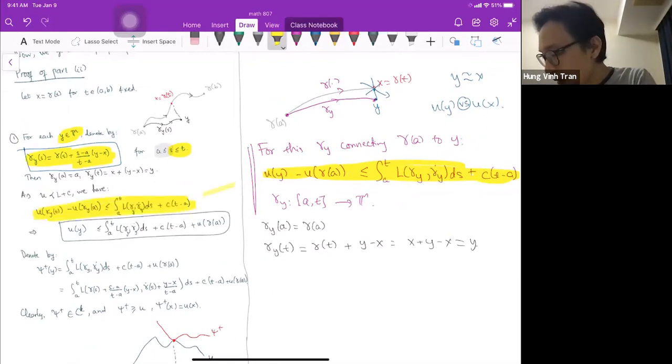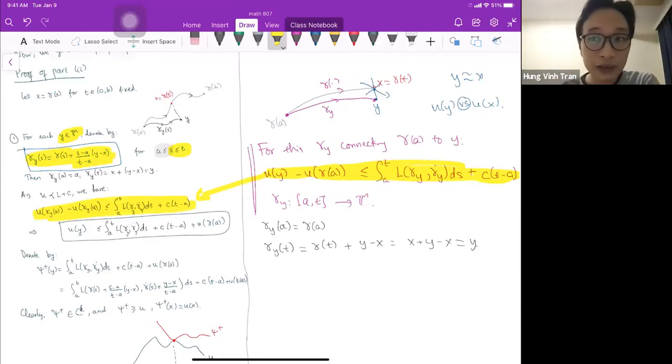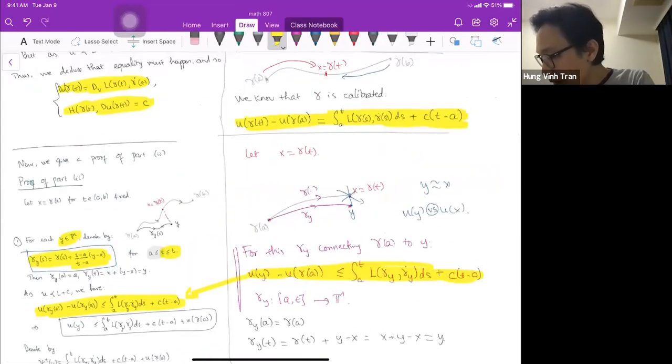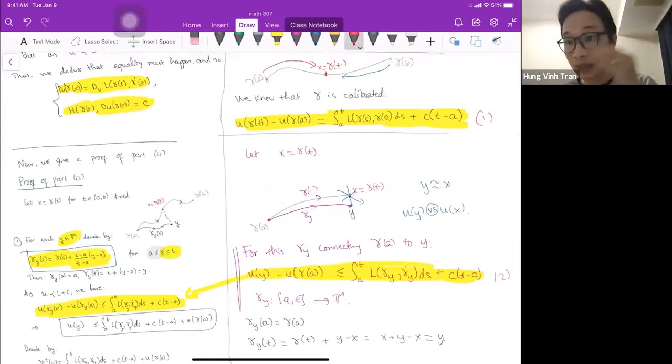So this is great because so far I have a new relation for gamma y. The first one is the equality that tells me that if I'm going along gamma, I have equalities and I can see everything through. And the second one is giving me an inequality, but that is good enough.